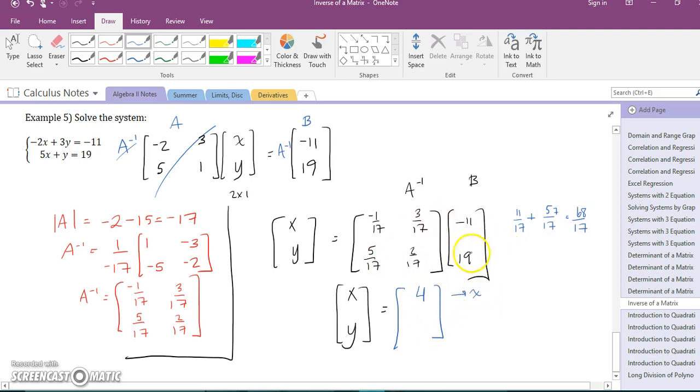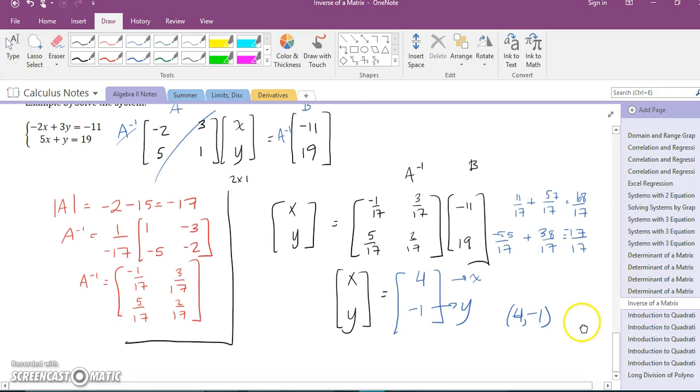And then I have this times this, -55/17 plus this times this, 9 times 2 is 38/17. And when you add -55 and 38, you get -17/17, which is -1, which is your y. So here's your ordered pair, 4, -1.